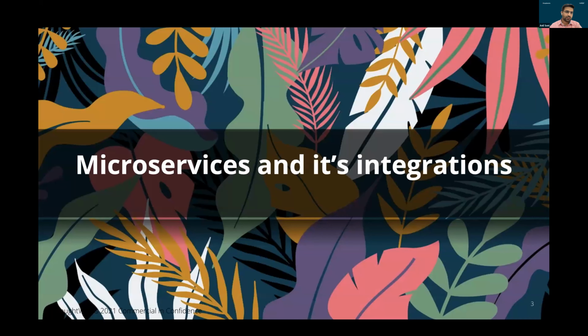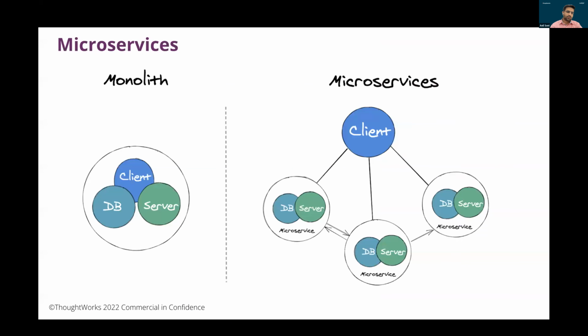All right, so let's move ahead and see what microservices are and how we integrate them. As you can see in front of the screen, we have two different architectures. One is a simplified version of a monolithic architecture, and on the right side, we have a microservice architecture. Monolithic is a single tier application where the entire backend and front end code base is kept in a single tier.